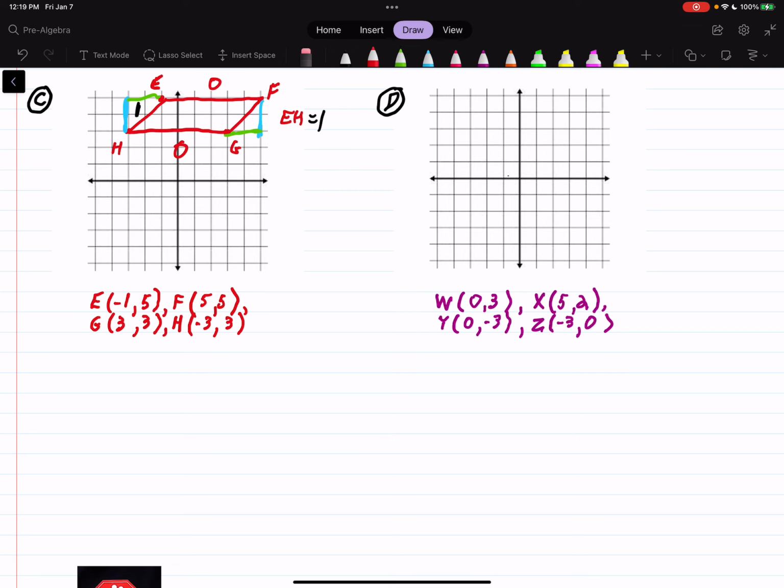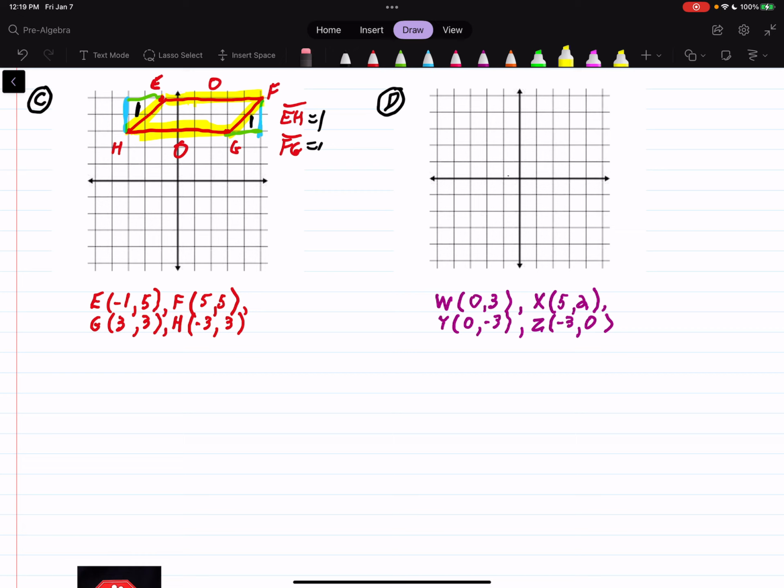So the segment F and G also has a slope of 1. We put a 1 there. So we now know we have two different parallel sides. This side here has a slope of 1, and this side here is a slope of 1, so they're parallel. This has a slope of 0 and a slope of 0 on the top, so they're parallel.